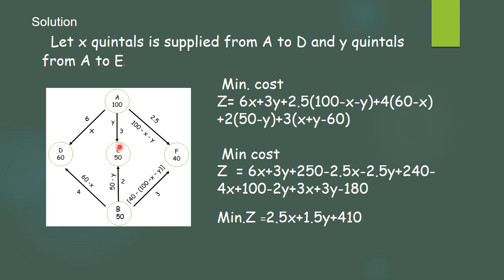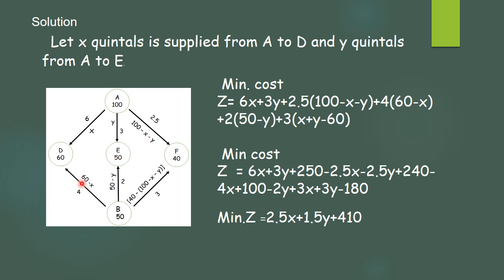Now the third part: we cannot send a negative quantity from one to another, so this should be positive. So what we get, 100 minus x minus y should be greater than or equal to 0, and from that we get x plus y will be less than or equal to 100.